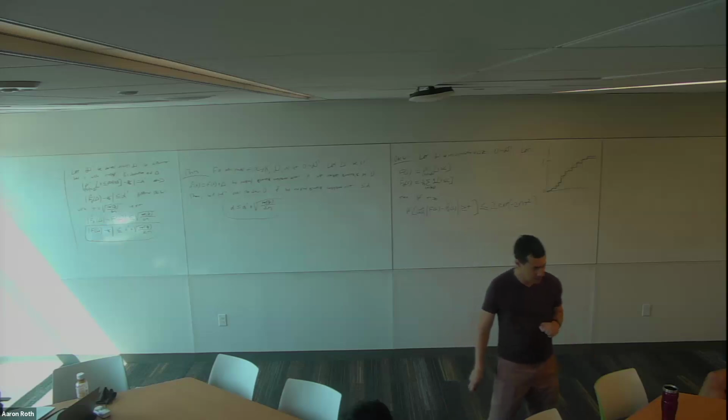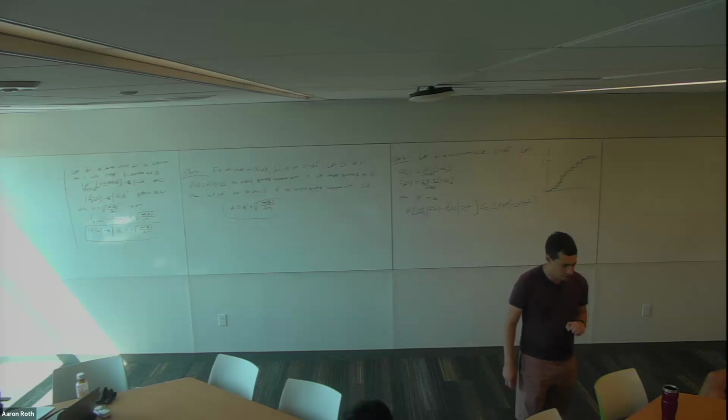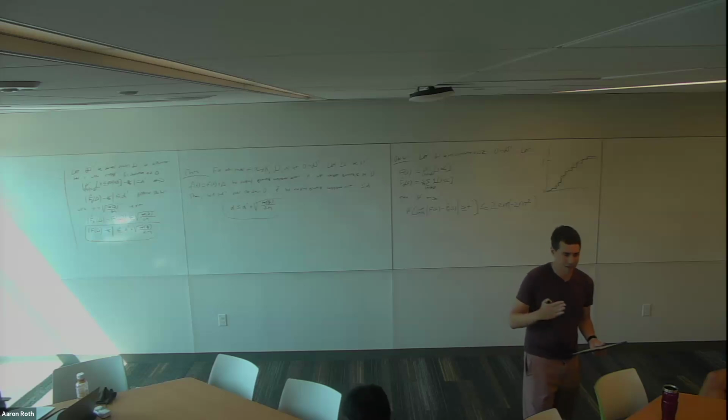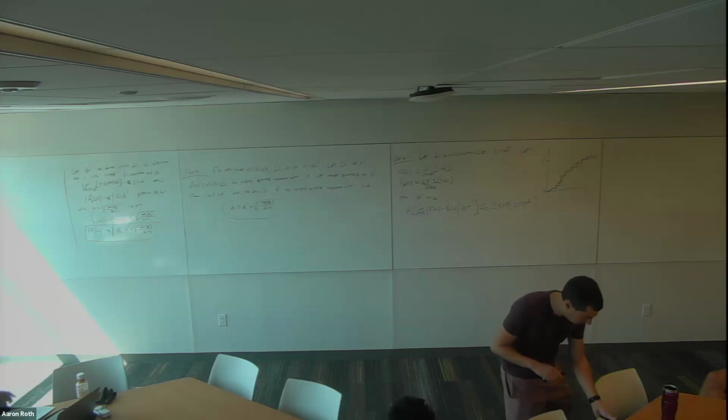Okay, so let me just define what these marginal quantities mean in the online adversarial setting. But I think I'll skip the first.